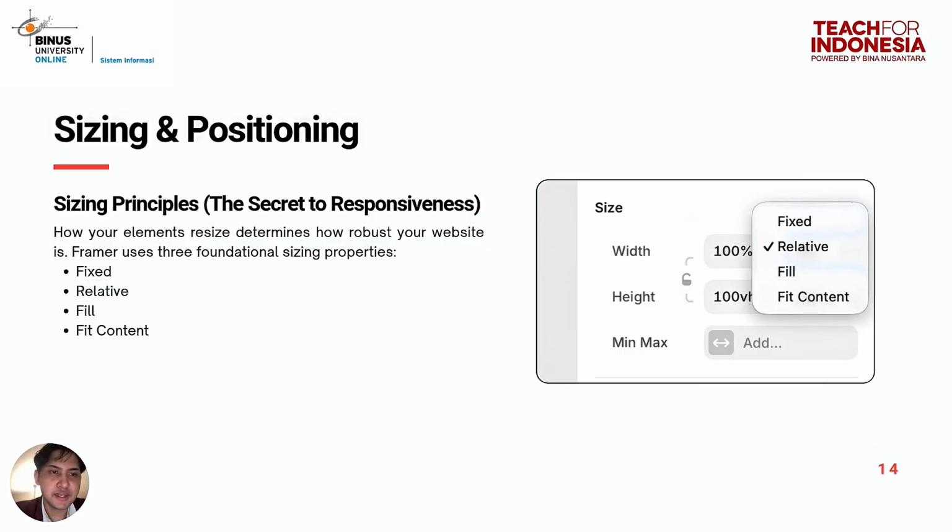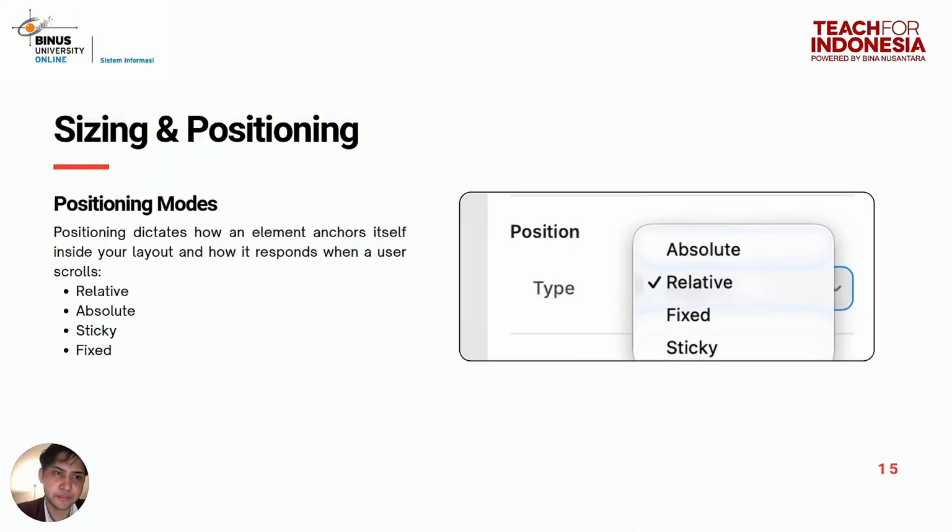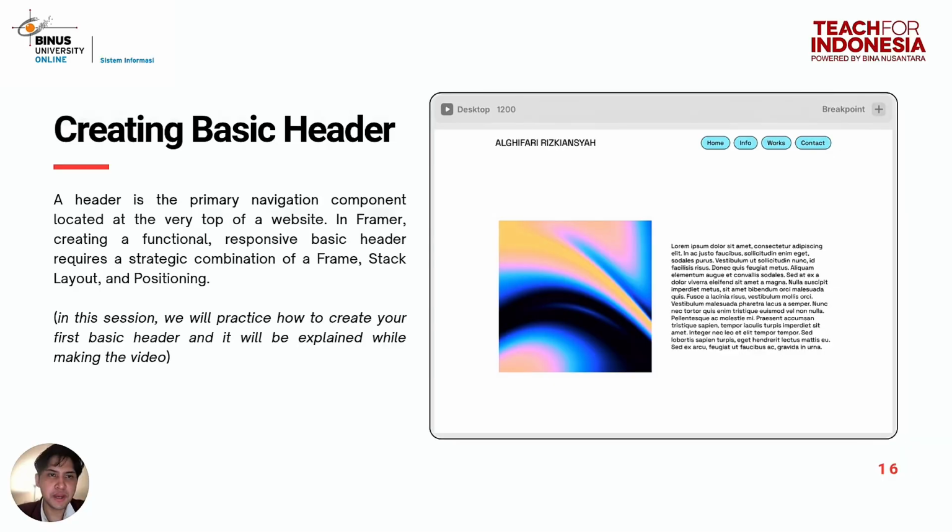Framer uses three foundational sizing properties: fixed, relative, fill, and fit contents. Positioning dictates how an element anchors itself inside your layout and how it responds when a user scrolls. There are relative, absolute, sticky, and fixed.